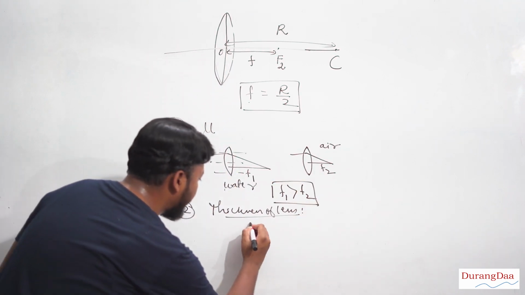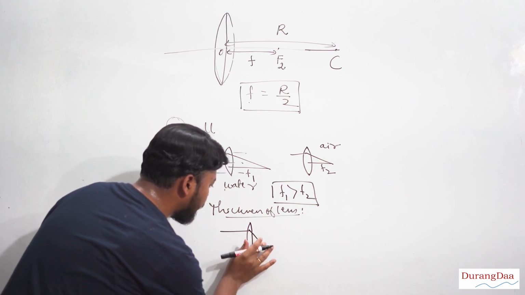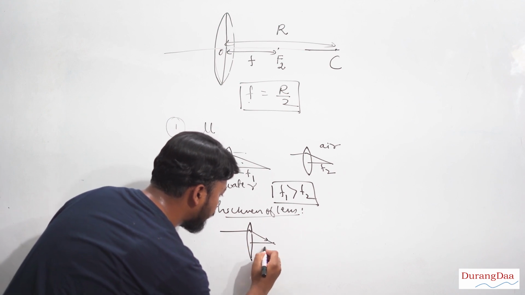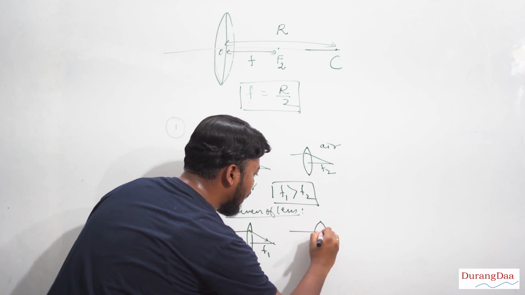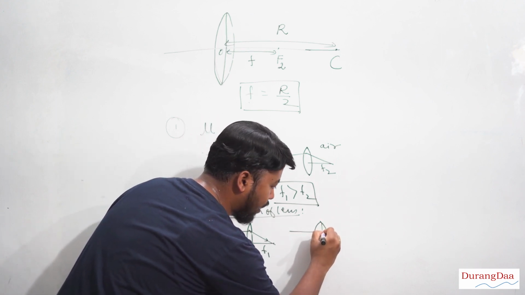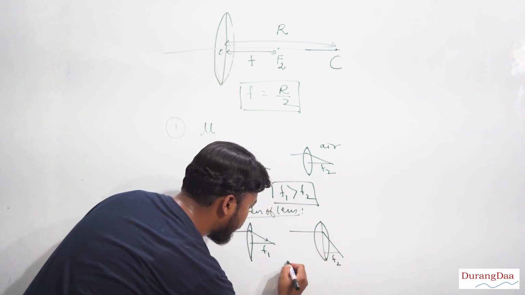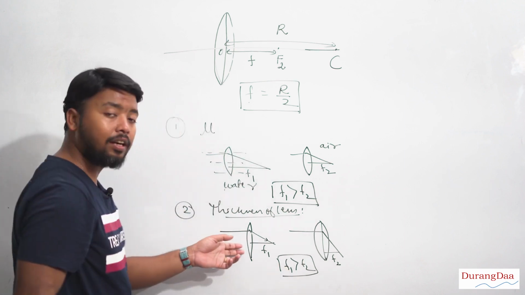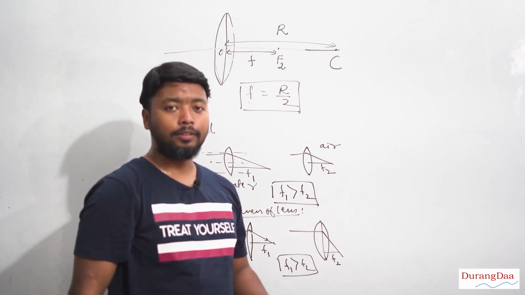Suppose I am using a thin lens here and light passes through it and gets refracted, and suppose focal length here is f1. But if I take a thicker lens here, the light ray passes, it suffers more refraction, so more bending. So this is suppose f2 focal length. Clearly f1 is greater than f2. Focal length in case of a thinner lens will be greater compared to the focal length of a thicker lens.